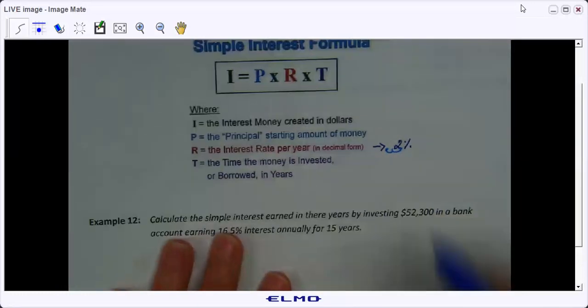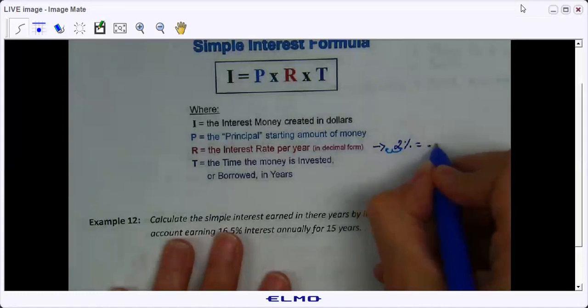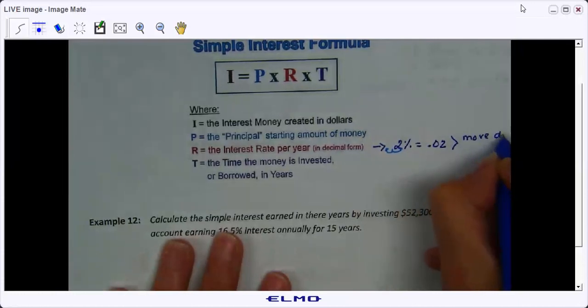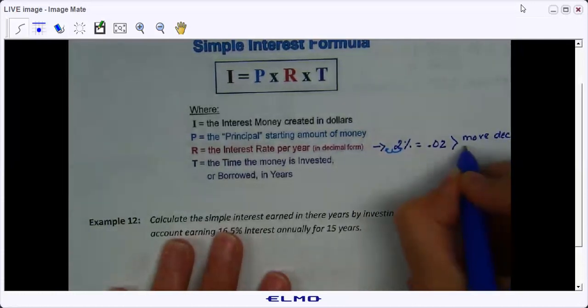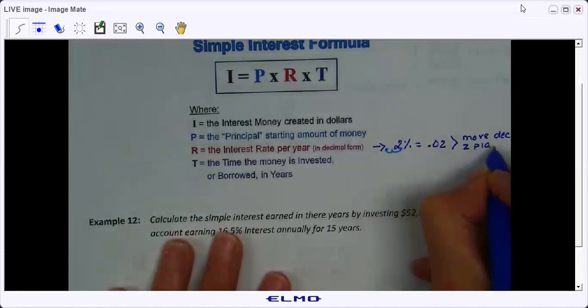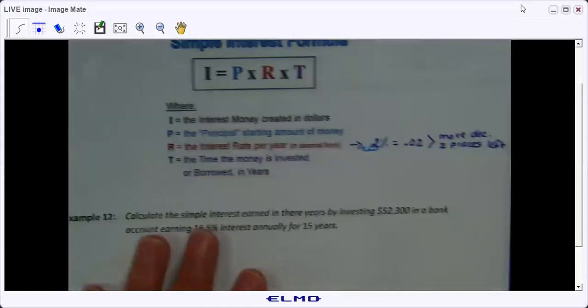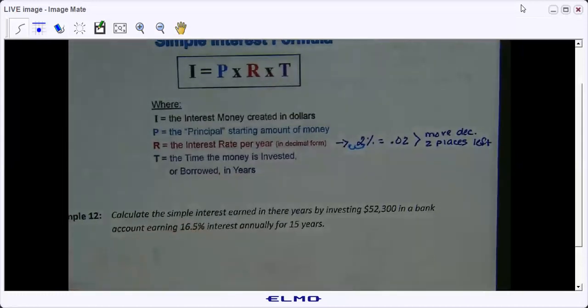So that 2% becomes 0.02. So what you're doing is you're moving your decimal 2 places left. So you can add that to your notes right there.